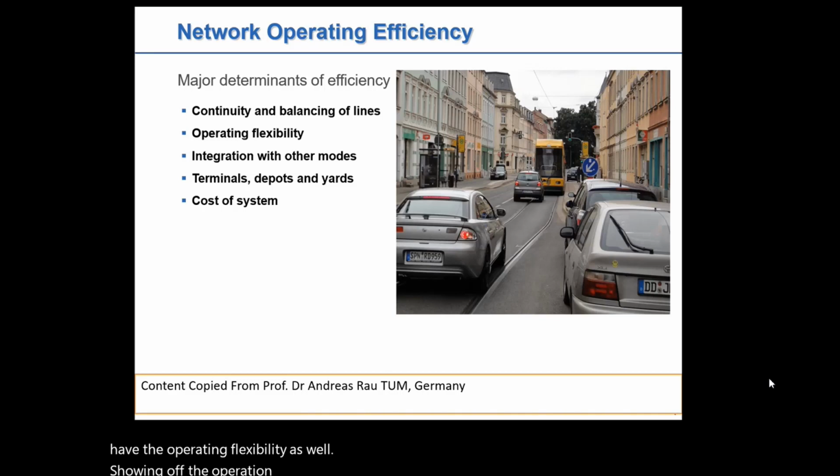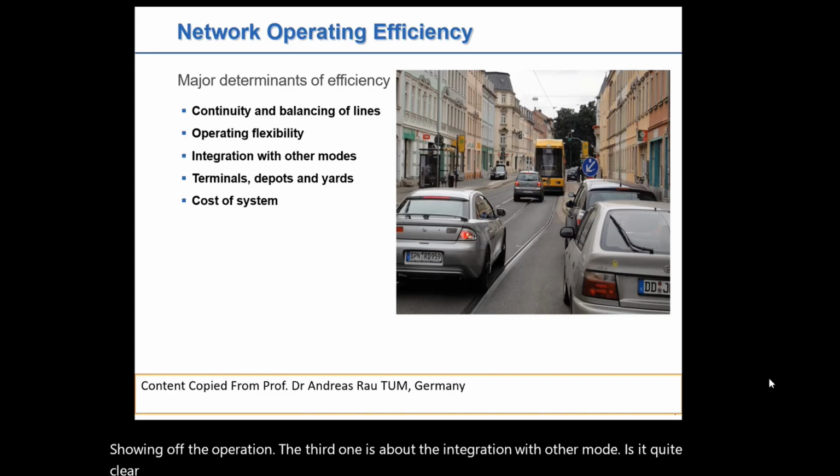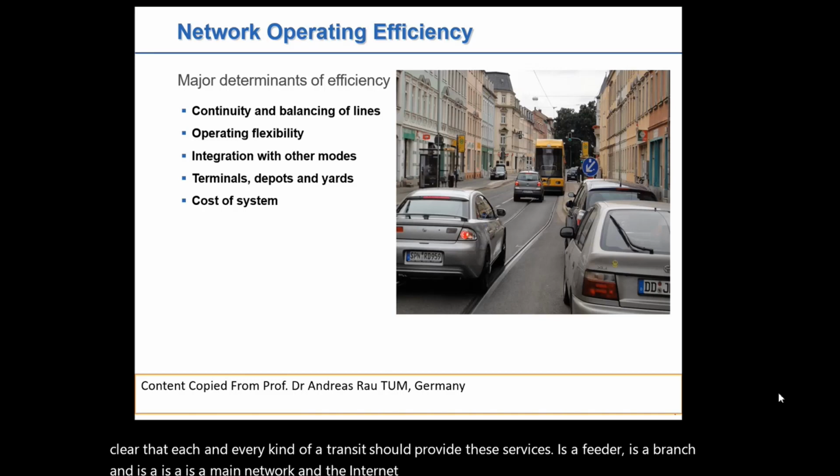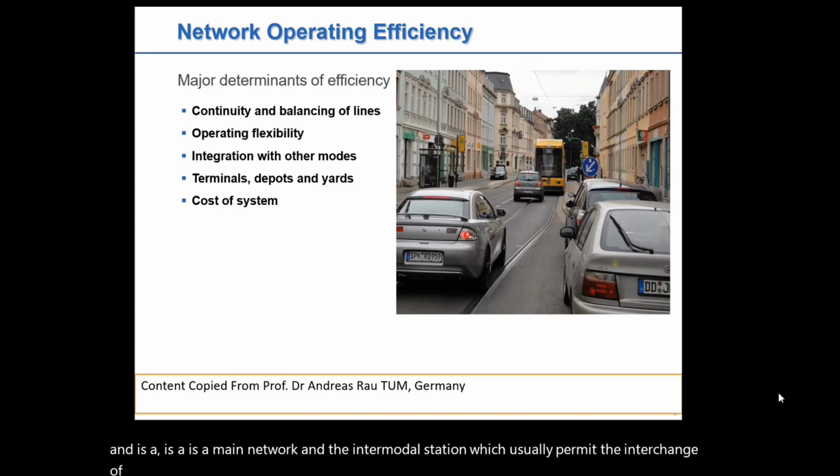The third one is about the integration with other modes. It is quite clear that each and every kind of transit should provide the services as a feeder, as a branch, and as a main network, and the intermodal station usually permits the easy interchange of passengers between different modes.